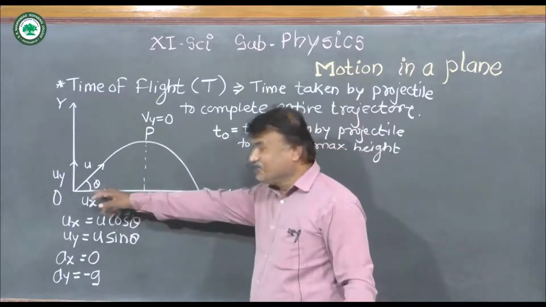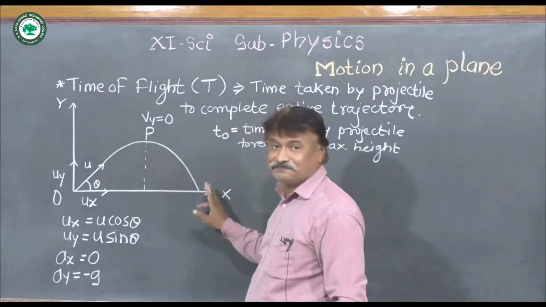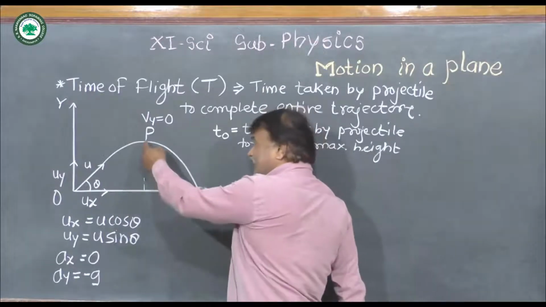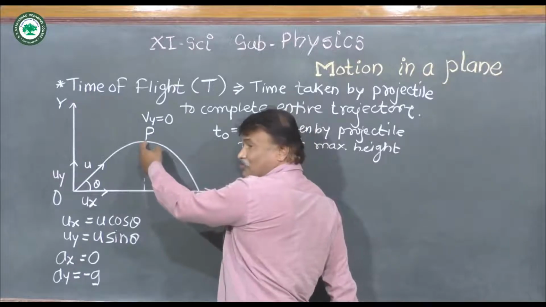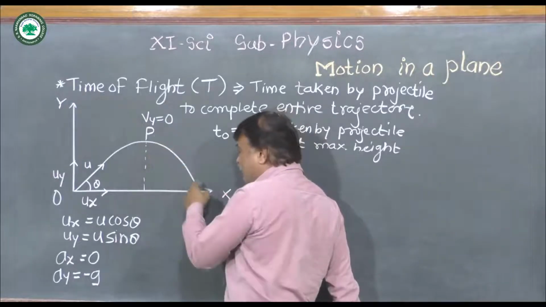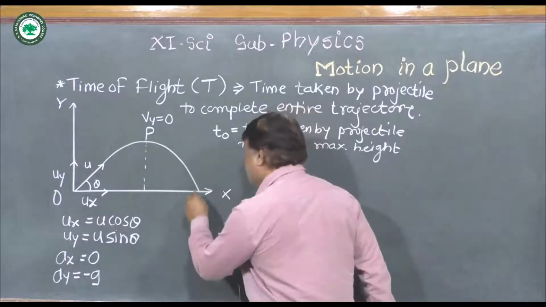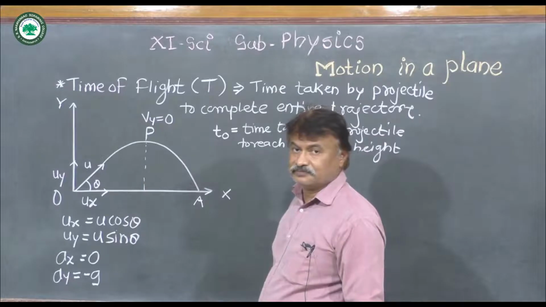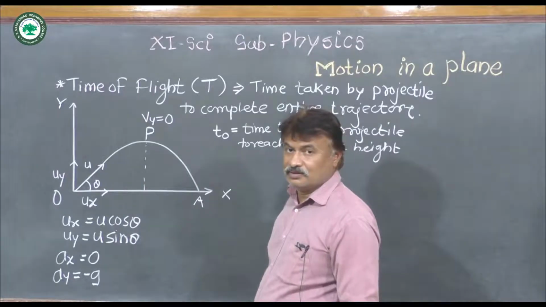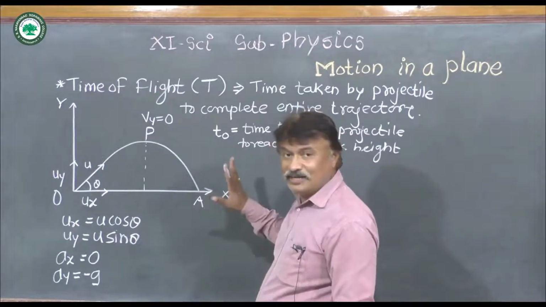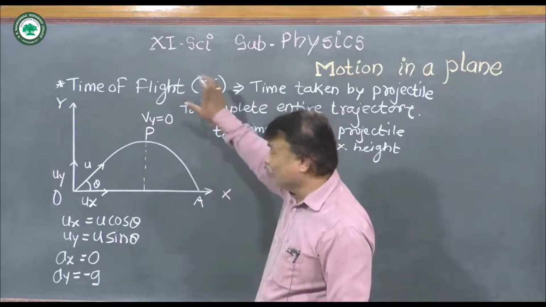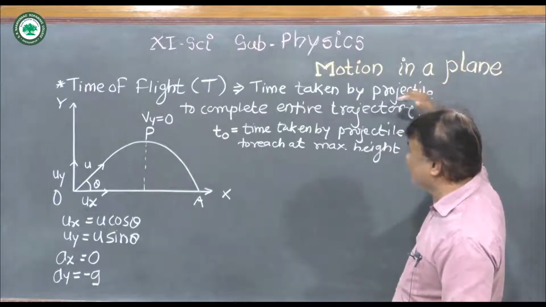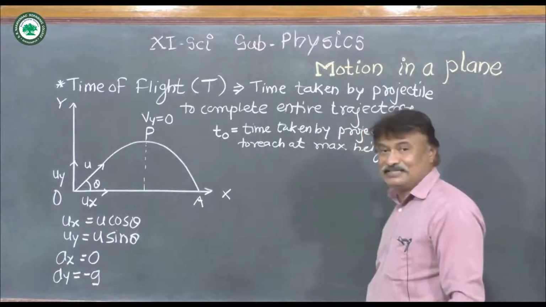Now we know that this trajectory is symmetrical, and that's why it again takes time t0 to reach from maximum height to the ground surface at point A. According to the definition, time of flight is simply the time taken by the projectile to complete the entire trajectory.